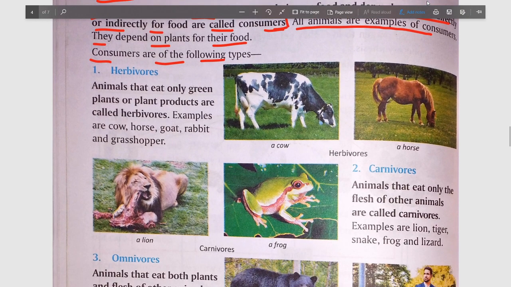So the first kind of consumer is herbivorous. Herb means vegetable. So herbivores are the animals that eat only green plants or plant products. For example, cow, horse, goat, rabbit, grasshoppers. So only vegetable eating, we can say only grass eating animals are called herbivores.